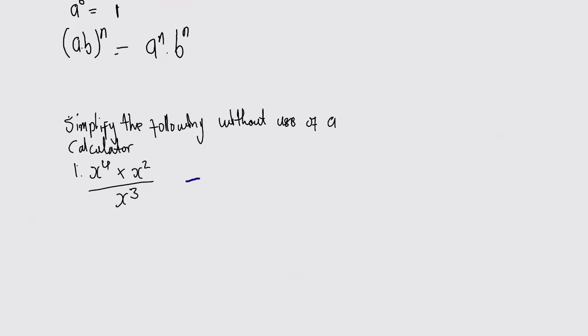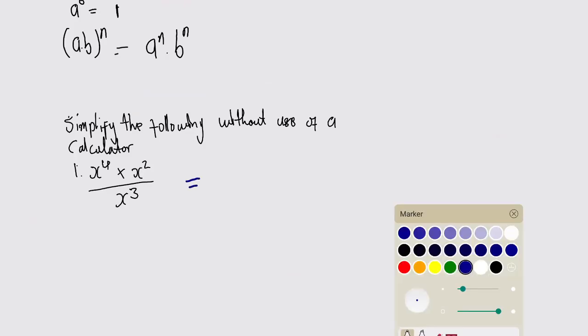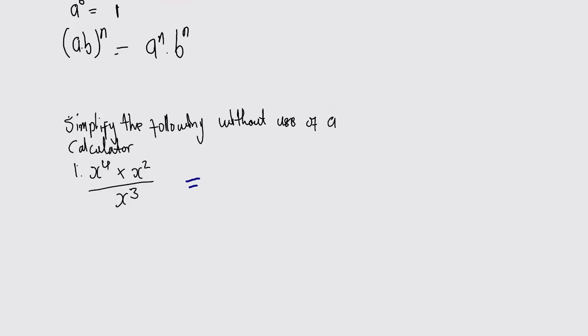The bases are the same and I'm multiplying, so I'm going to use the law of exponents that says when the bases are the same and we multiply, we add the exponents. So I'm just going to put it like this, x to the power 4 plus 2 over x to the power 3, and this is going to be x to the power 6 over x to the power 3.